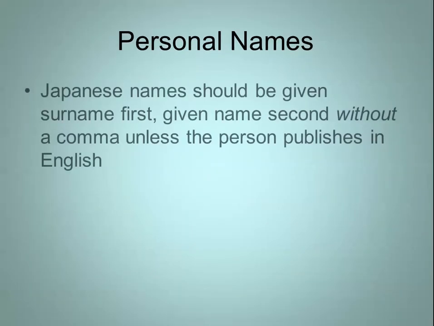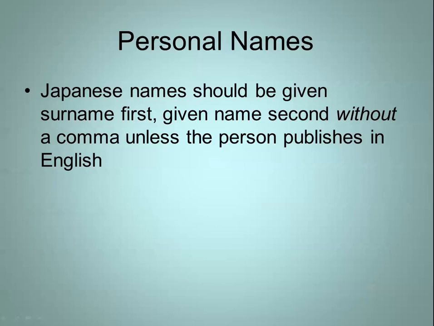What about personal names? There's a bit of disagreement about this depending on who you're reading. Japanese names, I think this is the generally accepted approach. Japanese names should be given surname first, given name second, without a comma, unless the person publishes in English. So if you are citing a book by Taro Suzuki, Suzuki being a surname, and the book was written in English, it's not a translation, it was published in English, then you would treat his name as you would John Smith's name.